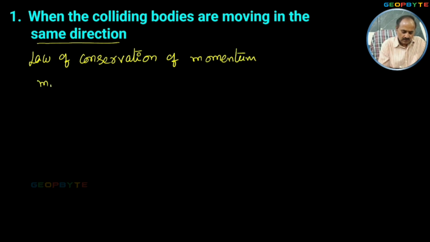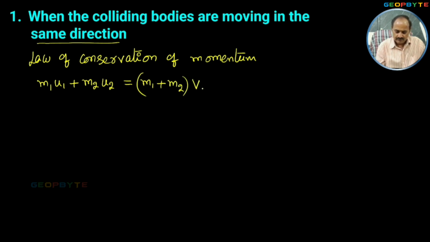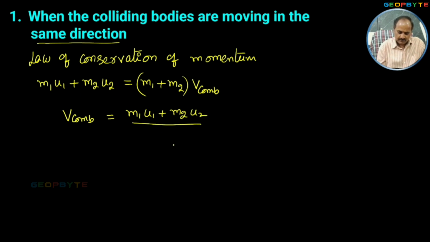The total momentum before collision, m1 u1 plus m2 u2, must be equal to the total momentum after collision, that is m1 plus m2 into v combined. From this, the combined velocity v combined equals m1 u1 plus m2 u2 divided by m1 plus m2.